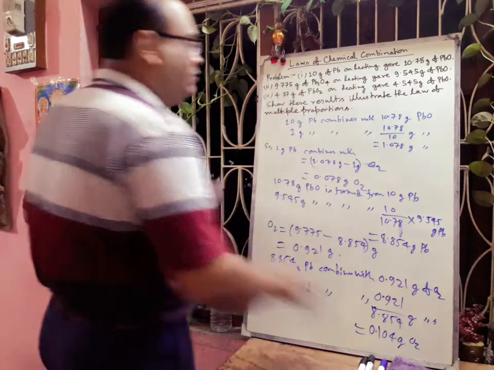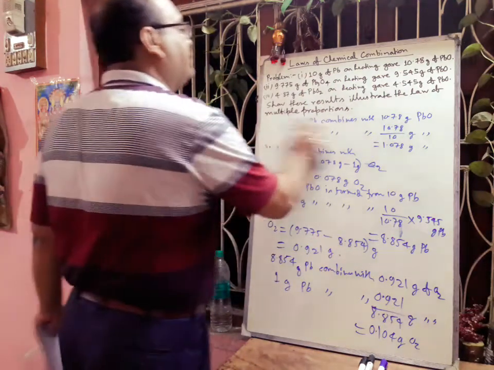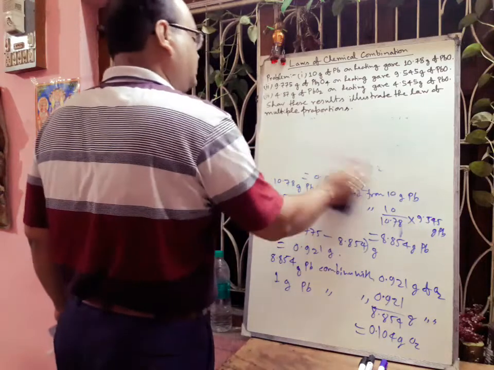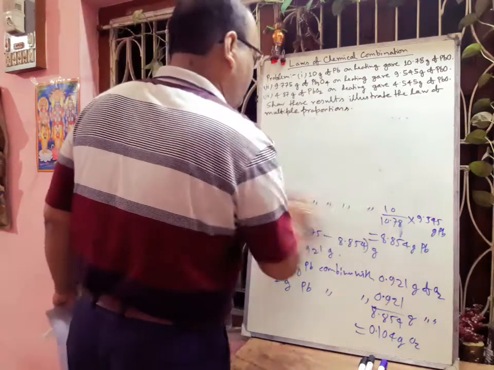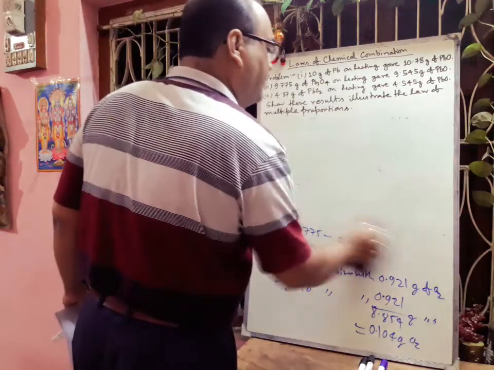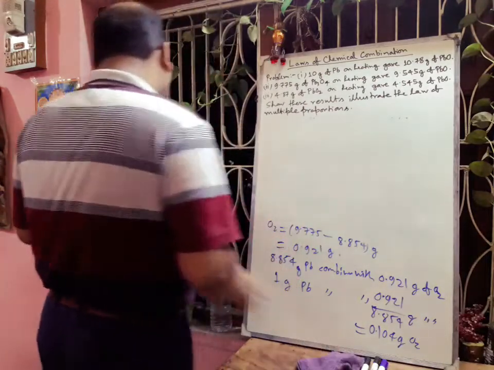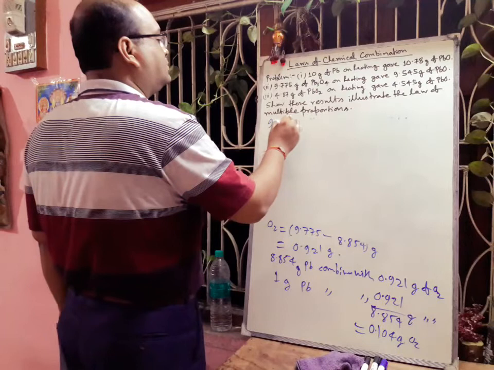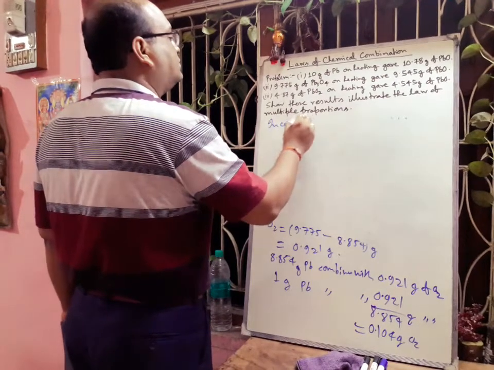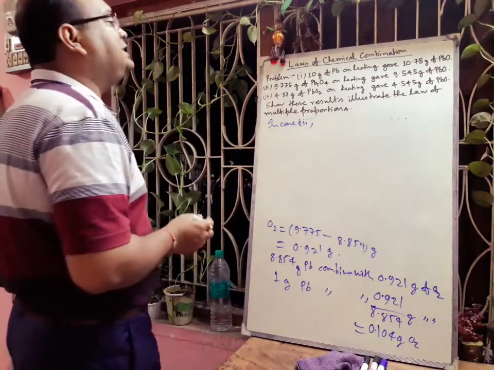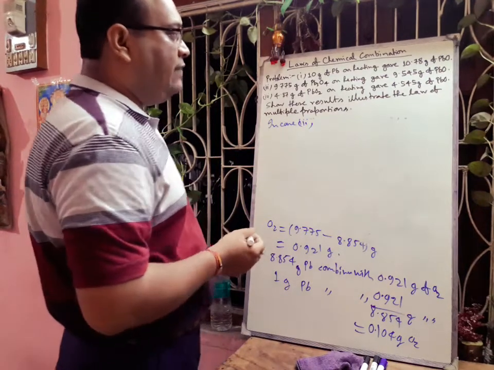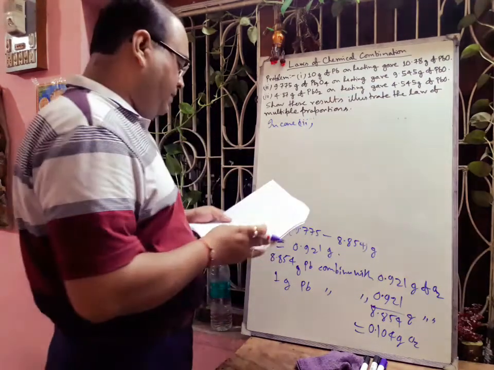Next we will calculate case 3. So in case 3, there is 4.87 gram of lead peroxide, which on heating gave 4.545 gram of PbO.